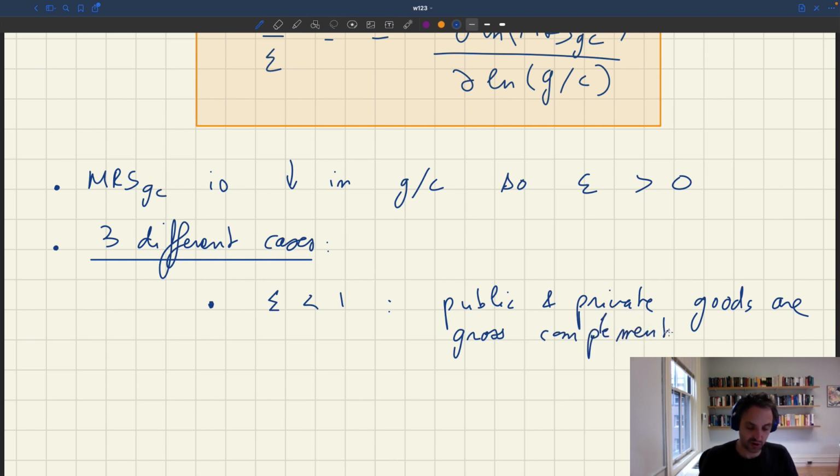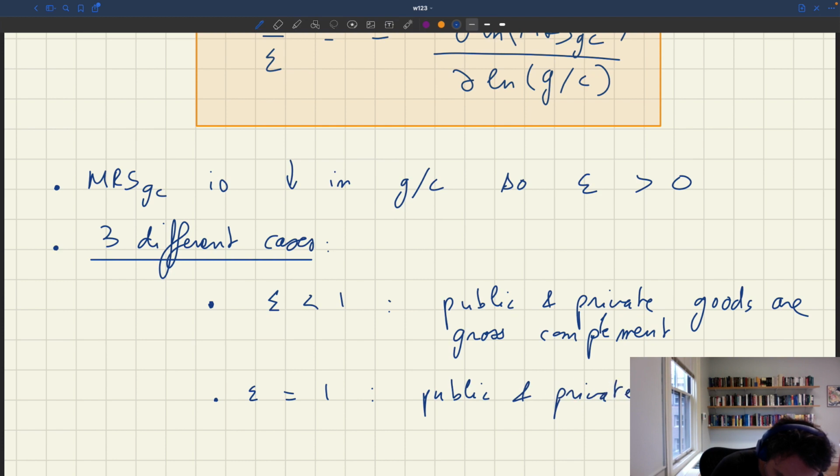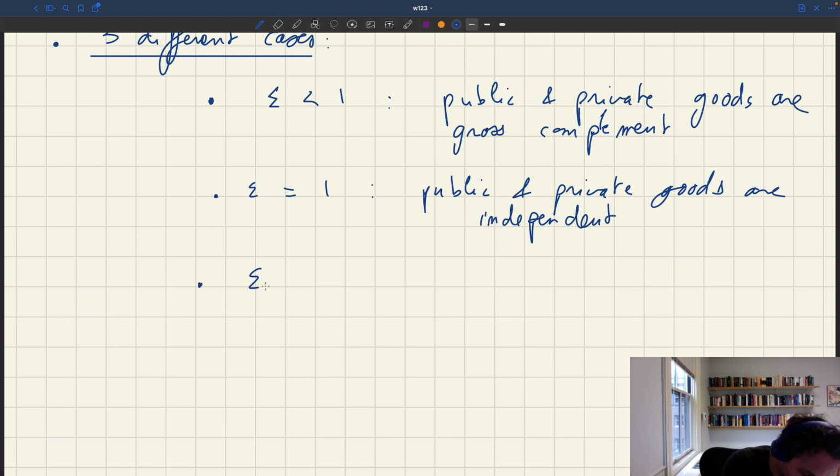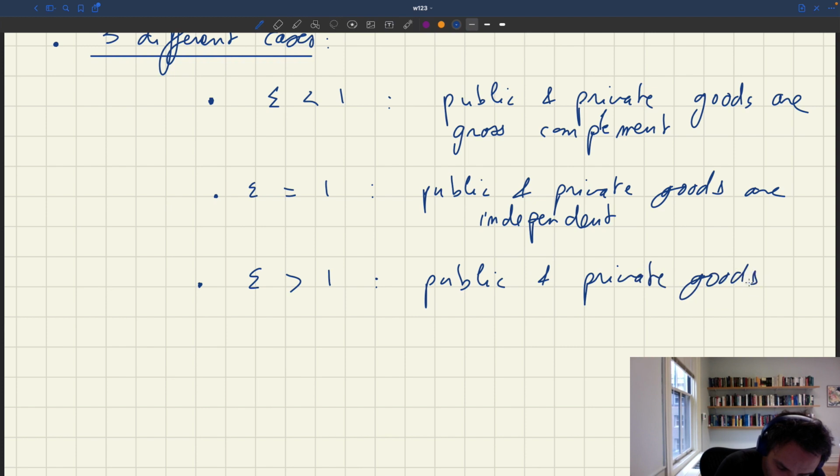When the elasticity of substitution is equal to 1, then we say that the public and private goods are independent. And the last case, of course, is epsilon strictly greater than 1. Then this means that public and private goods are gross substitutes, when you have a high elasticity of substitution.